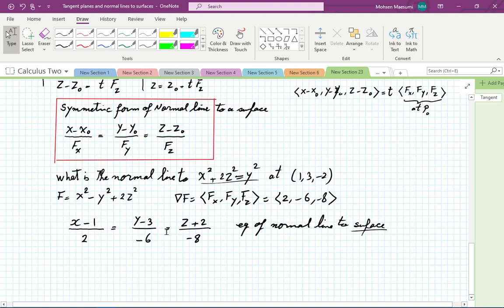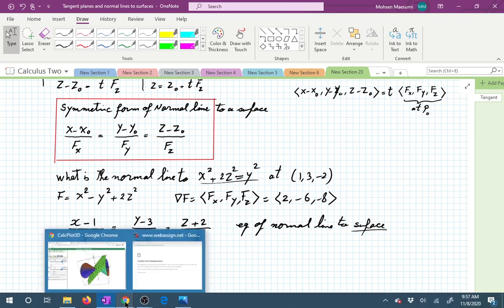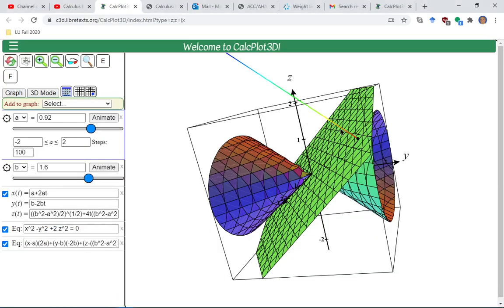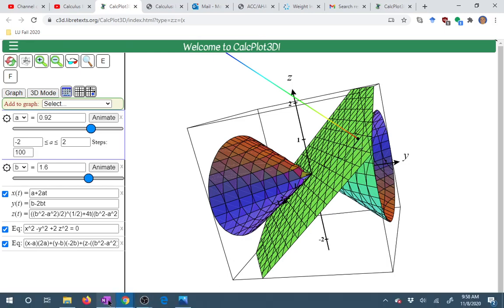Calculus 3, x, y, z, you have really 2 of them. So what we have is the equation of what you see here, this colored line, rainbow color here. That's the equation of the normal line. That's what we found, that the normal is perpendicular to the surface and the plane, all of them touching at this point.